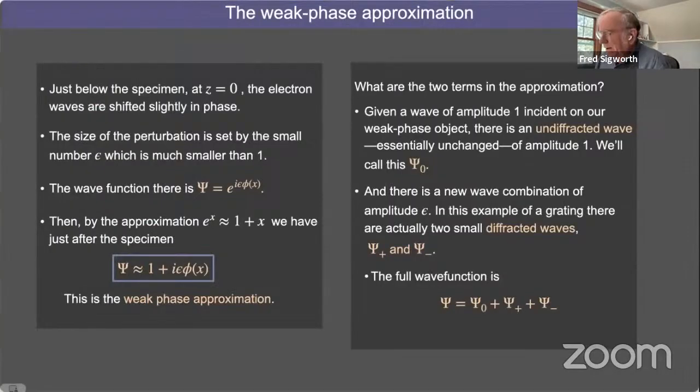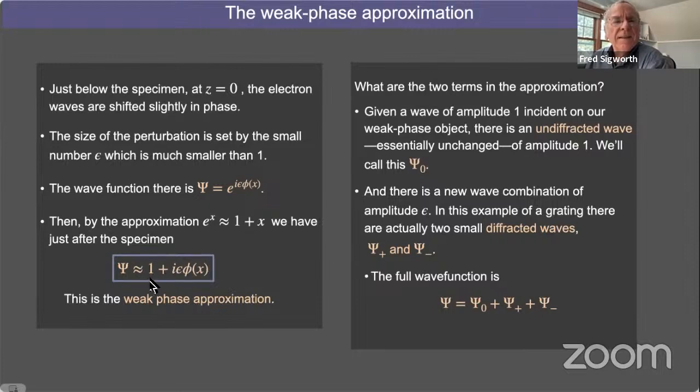Now we make a very important approximation, which is called the weak phase approximation. So the perturbation is set by this number epsilon, which is really small. And then we make use of the approximation that I just talked about: e to the x is about equal to 1 plus x.